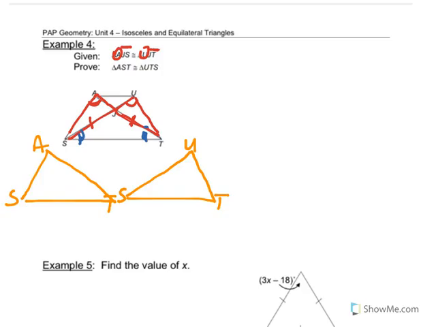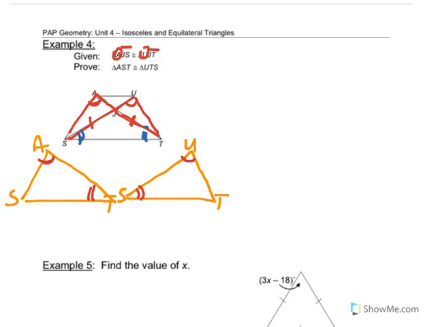So if we were to mark those things on our little orange ones down here, we have angle A and angle U, and then we're going to end up with this angle right here being congruent with this angle right here.